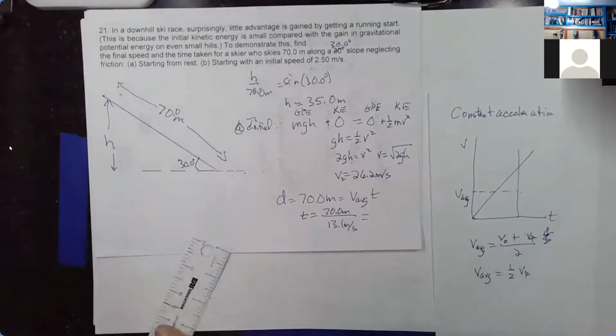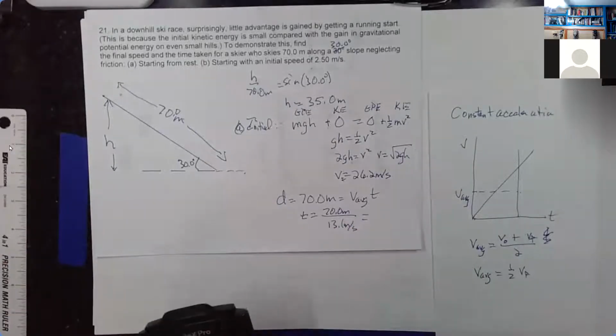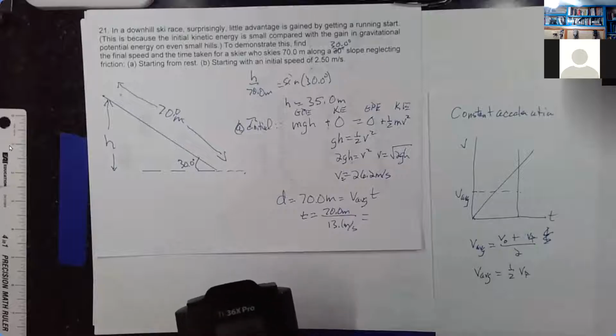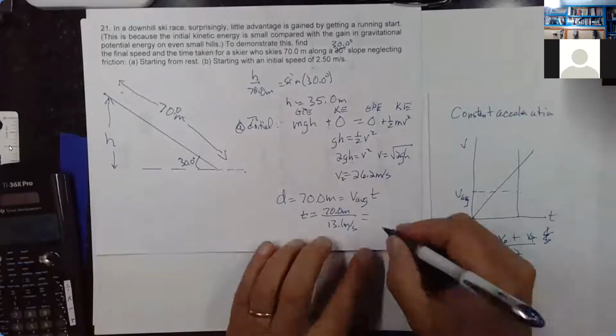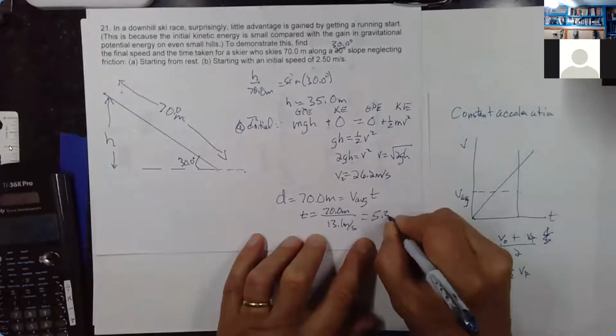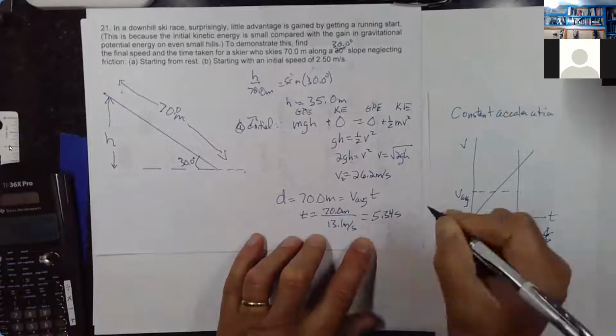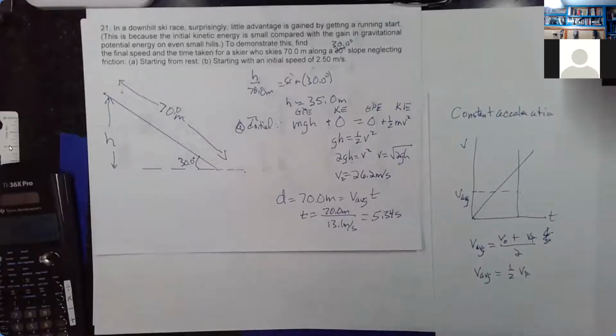So 70 divided by that is going to be 5.34 seconds. Okay, so I have that.